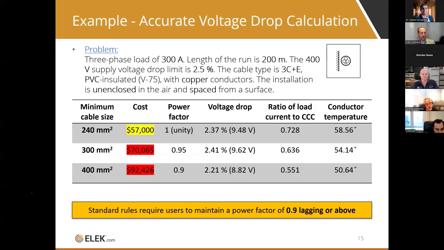Now, power factor, I will mention during my voltage drop tips. Power factor has more of an impact for larger cables than it does for smaller cable sizes. And don't forget that the standard rules require you to maintain a power factor of 0.9 lagging or above.